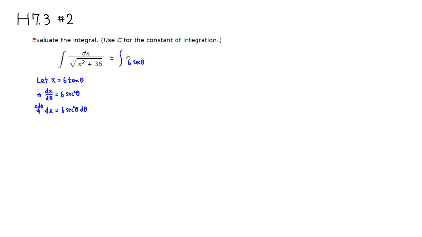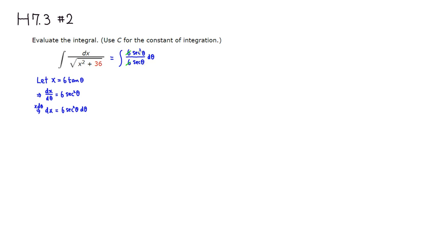And dx came out to be 6 secant squared of theta d theta. This is kind of nice: the 6 on top and 6 on the bottom cancel out.